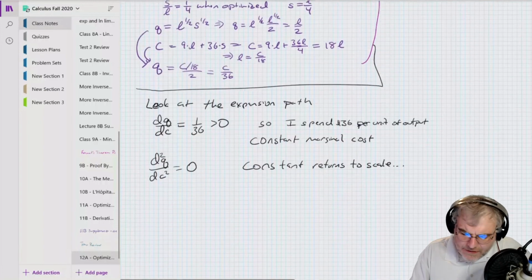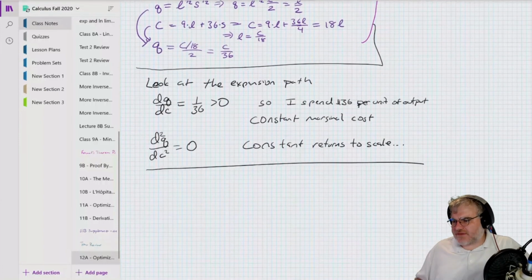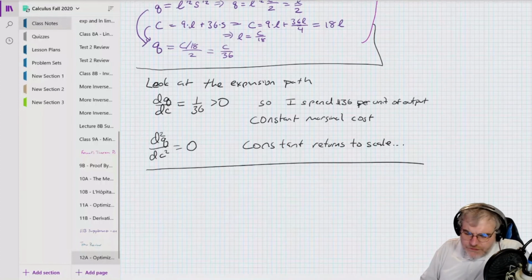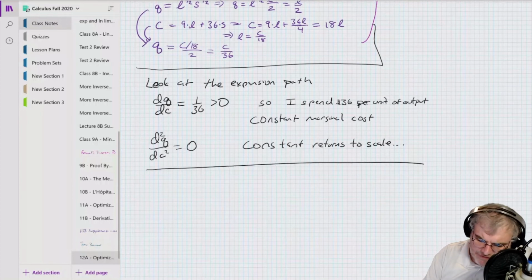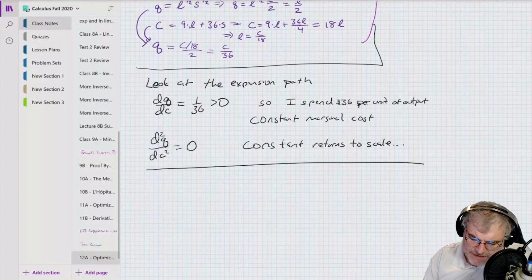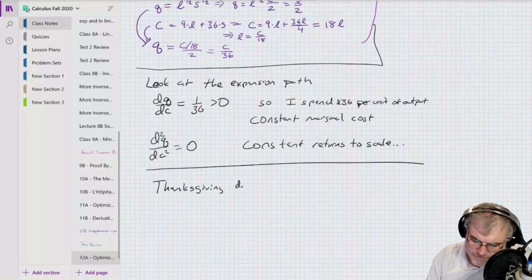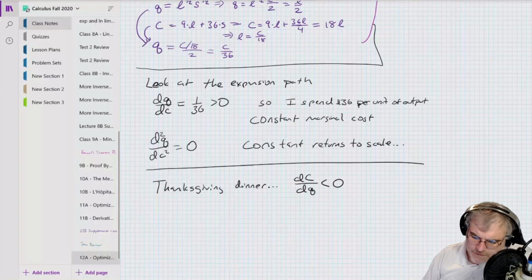Now, let's compare that situation to Thanksgiving dinner. So this is different than Thanksgiving dinner. So the intuition behind Thanksgiving dinner: I have diminishing marginal costs.